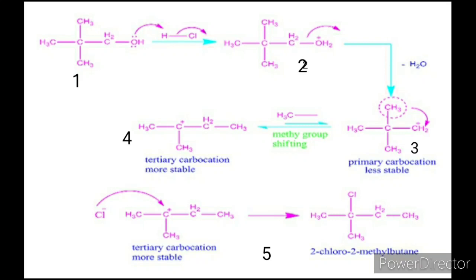In the fourth step, there is thus a formation of a tertiary carbocation, which is more stable. And in the fifth step, the chloride ion attaches to the cation present on the tertiary carbocation. Thus there is the formation of a stable compound, 2-chloro-2-methylbutane.